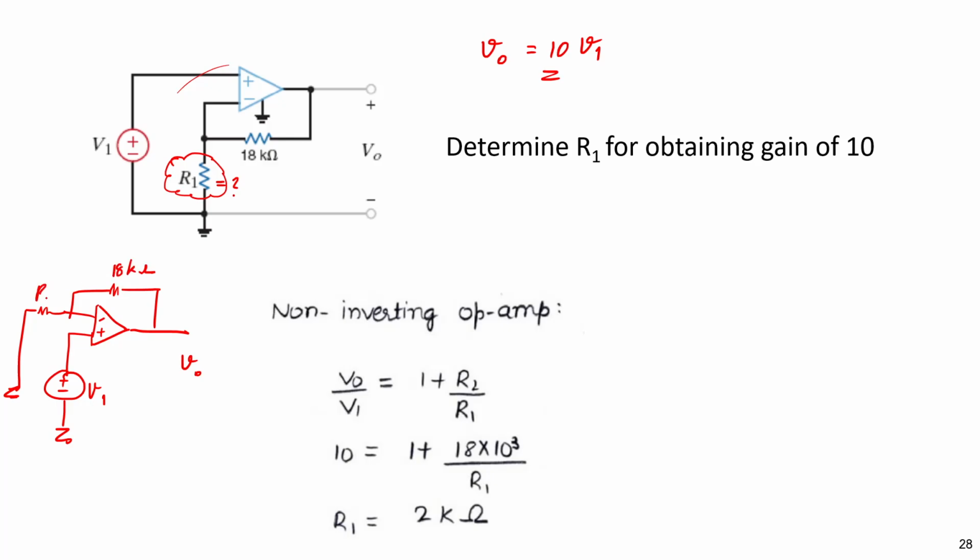This is R1, and we try to solve for R1 to get the gain of 10, right? So R2 is 18k. With this equation, we get R1 as 2k ohm. If we use R1 at 2 kilo ohm, we will get the gain of 10.